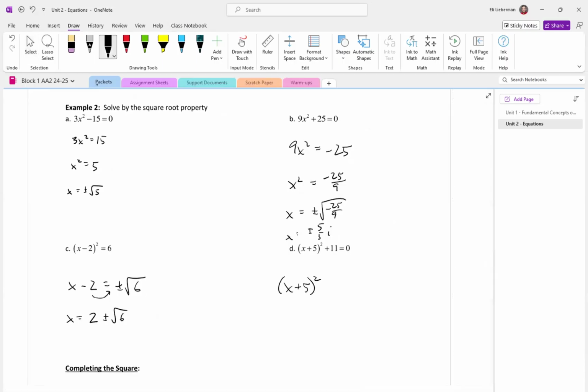For D, the first step is to subtract that 11. x plus 5 squared equals negative 11. I'll let you finish. Check with the neighbor.